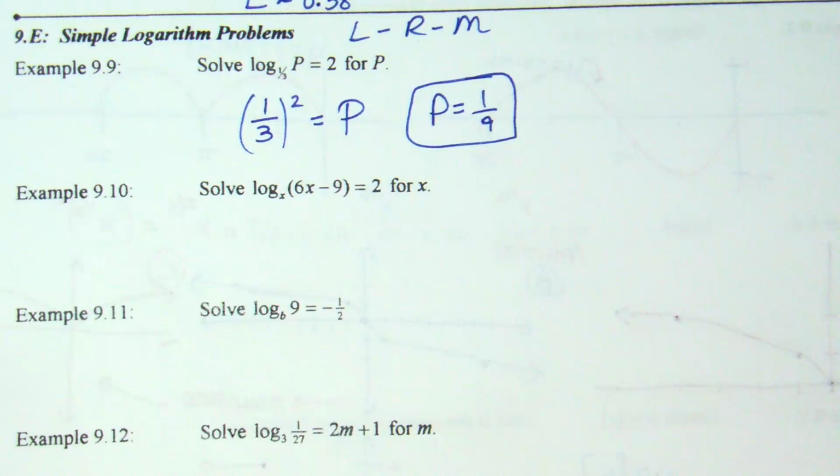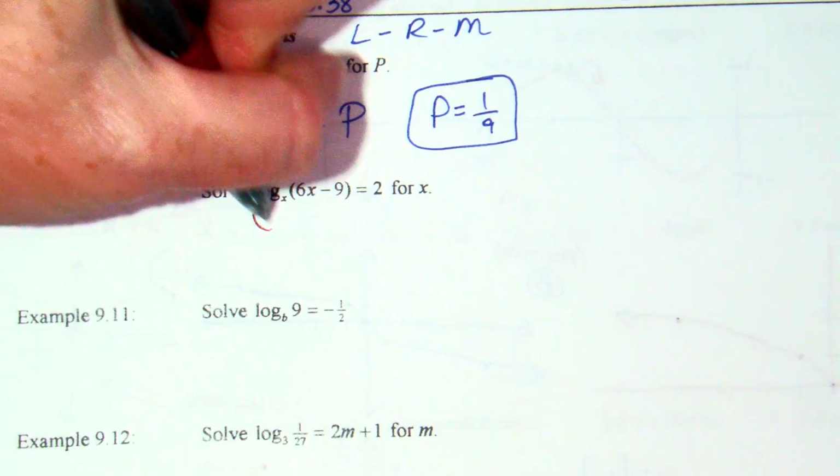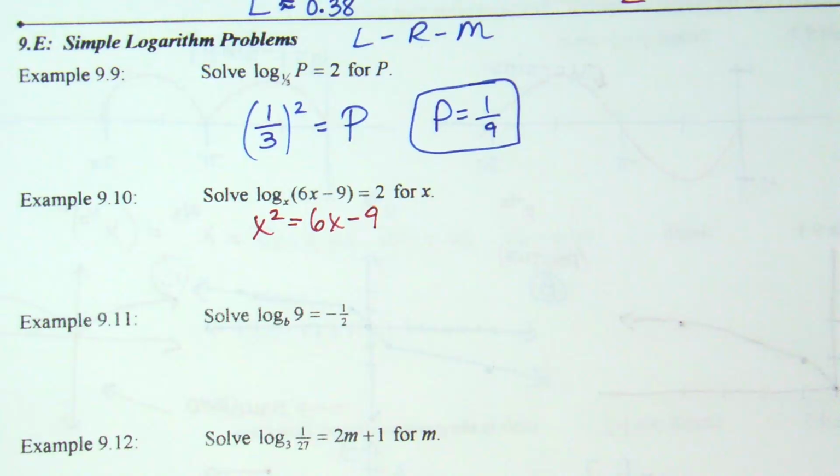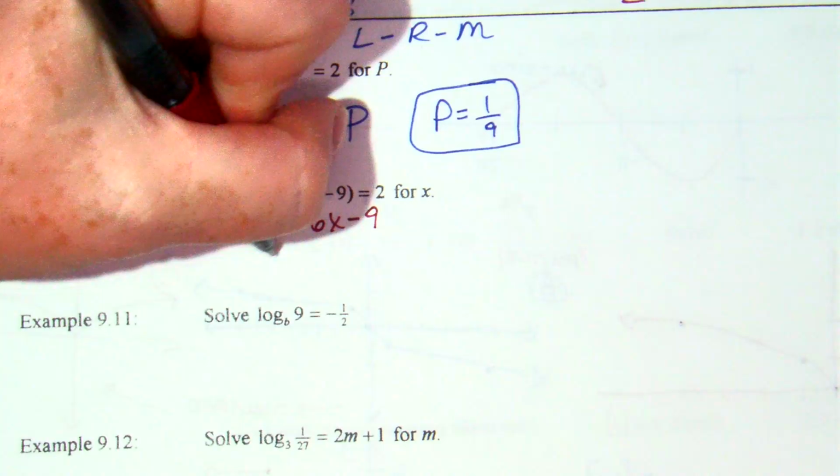Okay, example 10. What's left, right, middle say? X to the second equals 6x minus 9. How do we use our algebra skills to solve this? Okay, equal to 0.